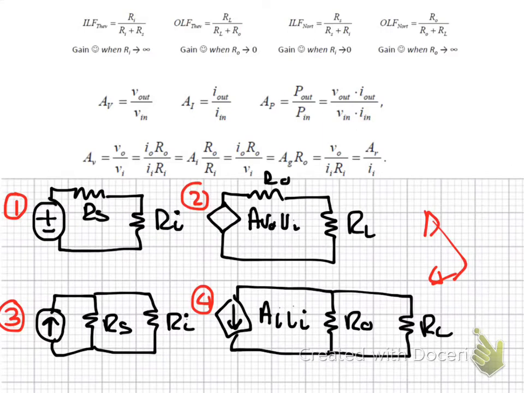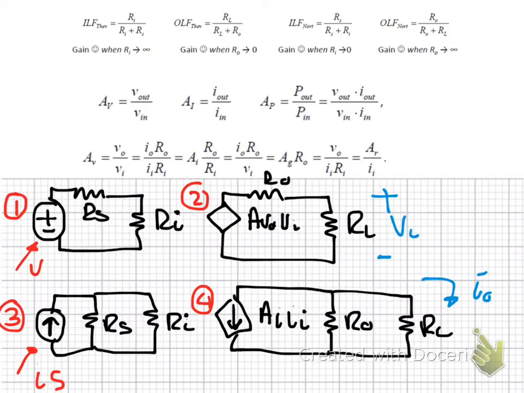Our input stage can either have an input voltage or an input current, and our output stage can either be an output voltage or an output current. So your gain is dependent on which combination of these 4 you are going to be using.